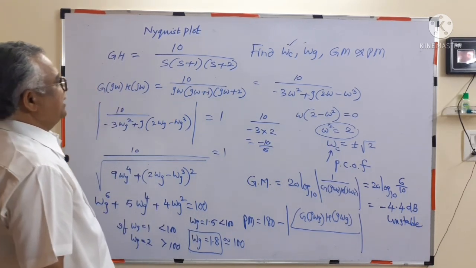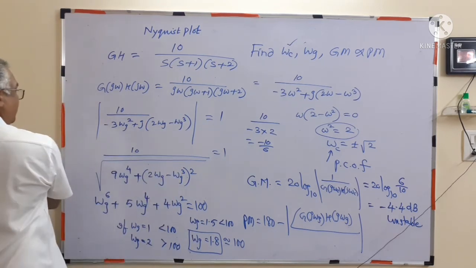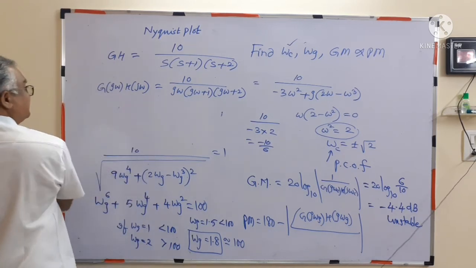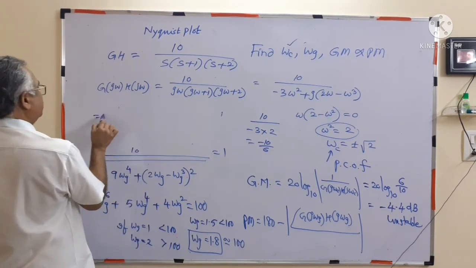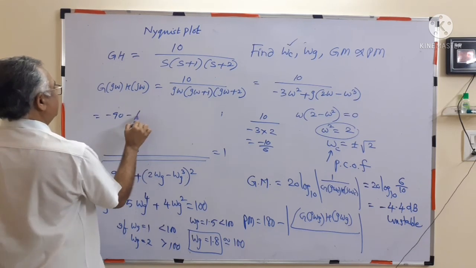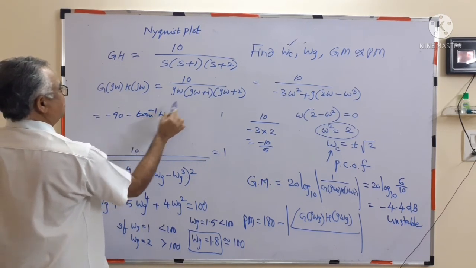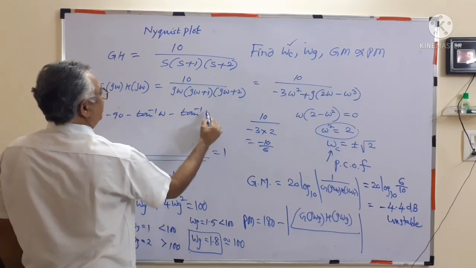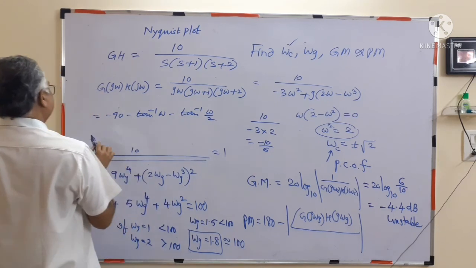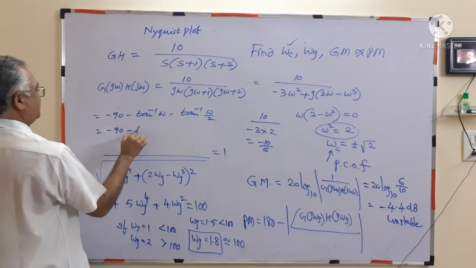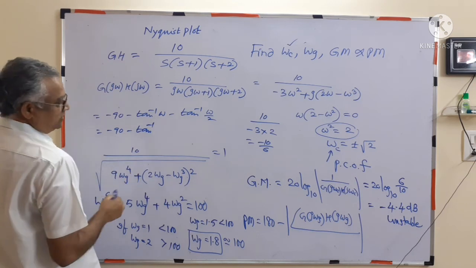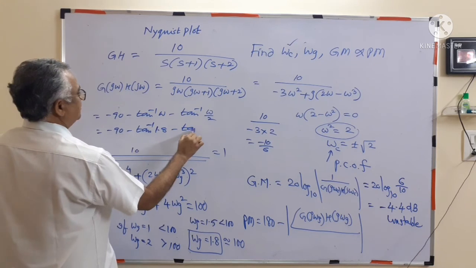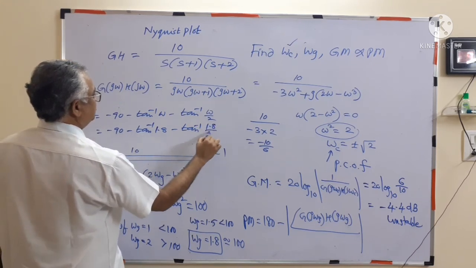But how do you find the angle of this? What is the angle expression at omega g? That is minus 90 minus tan inverse omega minus tan inverse omega by 2. So minus 90 minus tan inverse at omega g, which is 1.8, minus tan inverse 1.8 by 2.